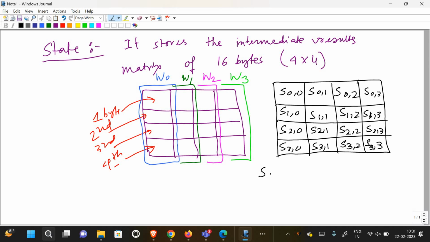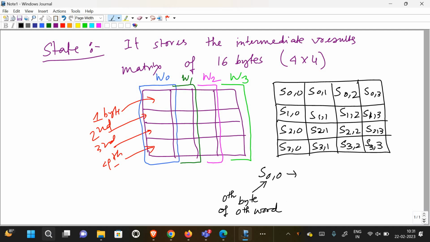Now if you observe S of 0,0, this first 0 that you are looking at is the 0th byte of the 0th word. Please write it down.